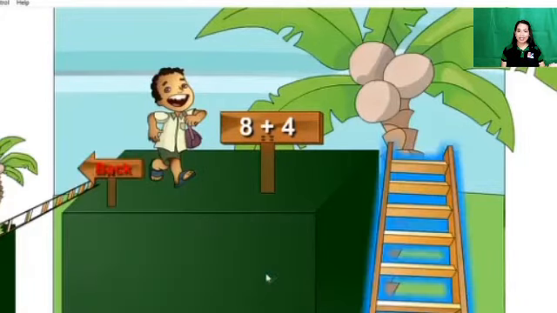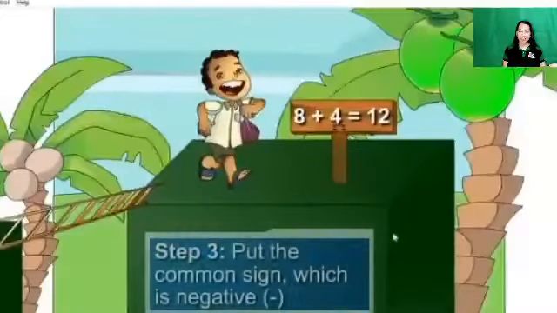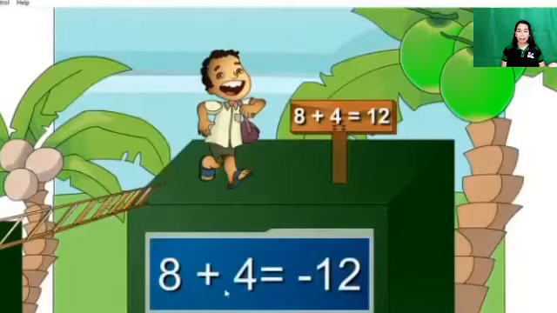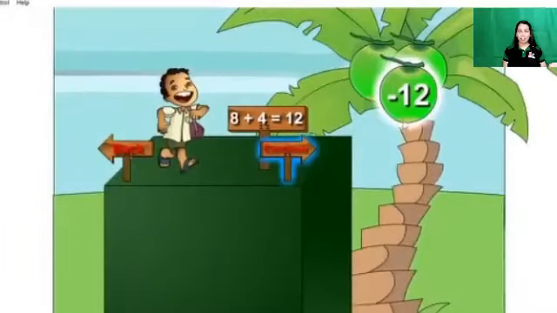Now click the ladder. Step 3. Put the common sign, which is negative. Why is it negative 12? Because it is negative 8 plus negative 4. So they have the same sign, negative 12. Continue.